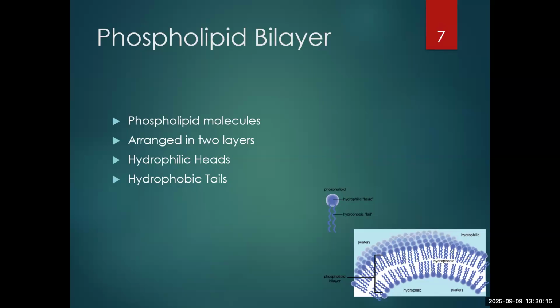So in the plasma membrane, these are arranged in a double layer like that. So the reason they arrange themselves in this way is because the 2 little tails are fatty acids. They are lipids, they're fatty acids.